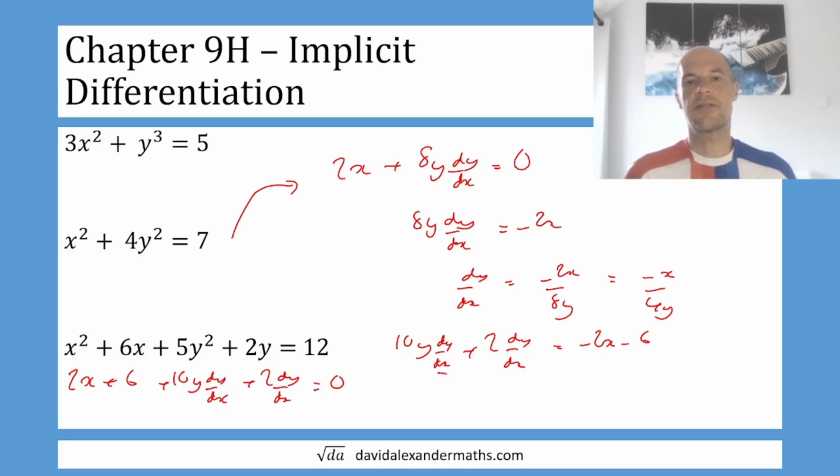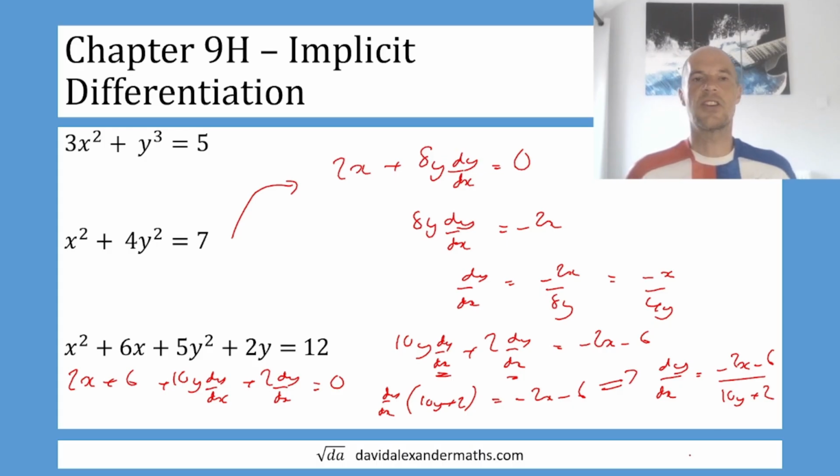And now I'm going to factor out the dy by dx. So dy dx times 10y plus 2 is negative 2x, take away 6. So therefore dy by dx is negative 2x, take away 6, all over 10y plus 2, and we are done there.